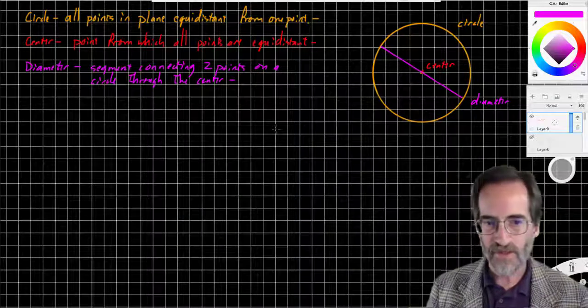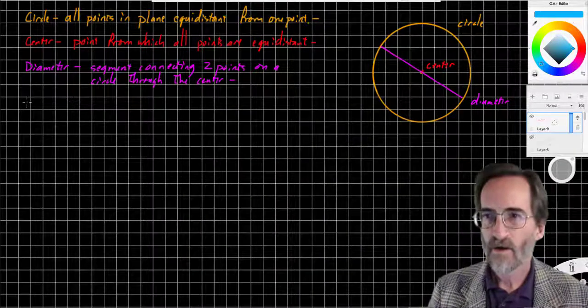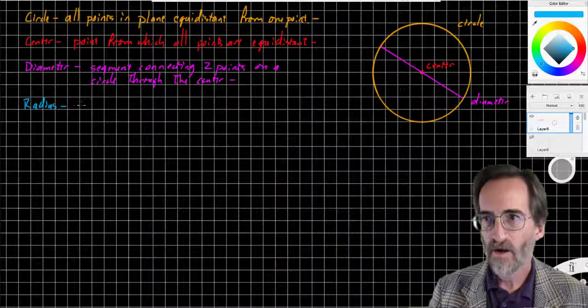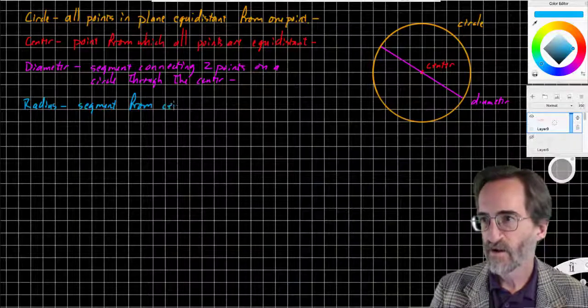Okay, radius. A segment from the circle center to a point on the circle.